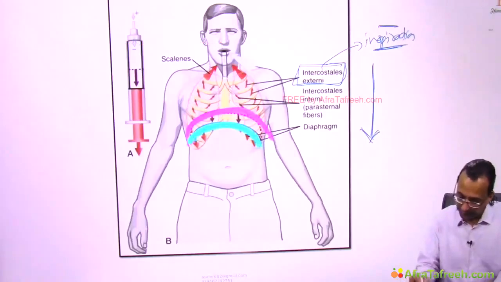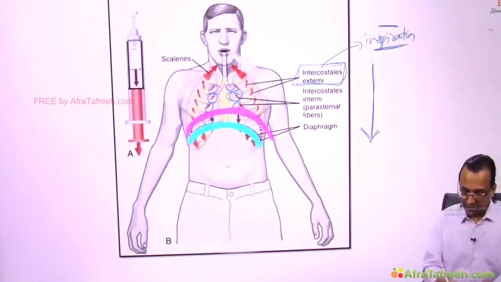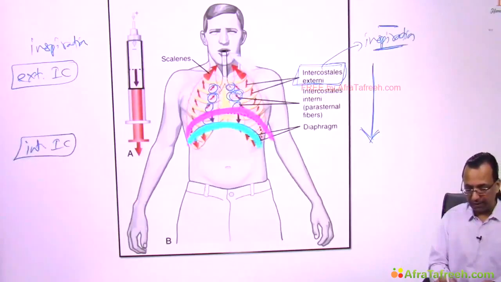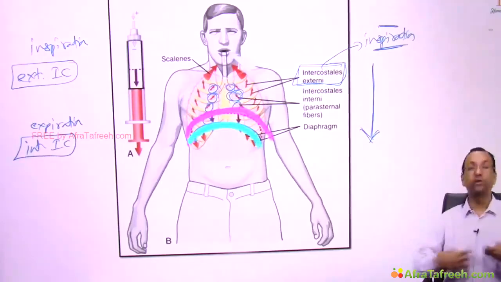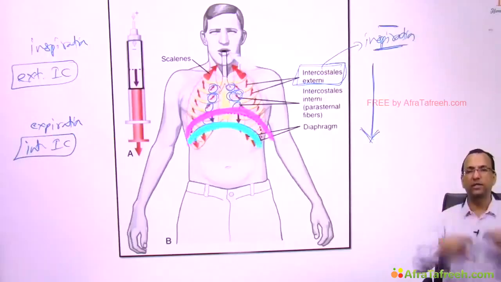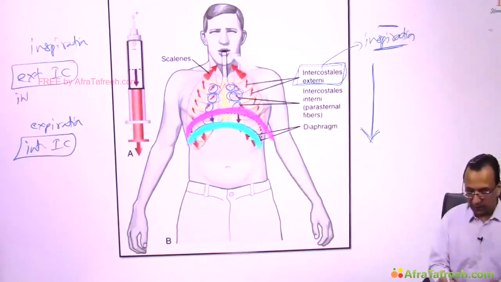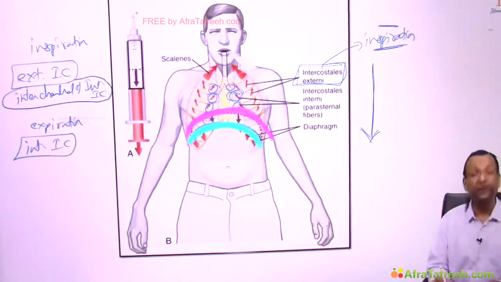The interchondral portion, in the region where costal cartilages are, is inspiratory. Though the internal intercostals are expiratory muscles, this portion is inspiratory.